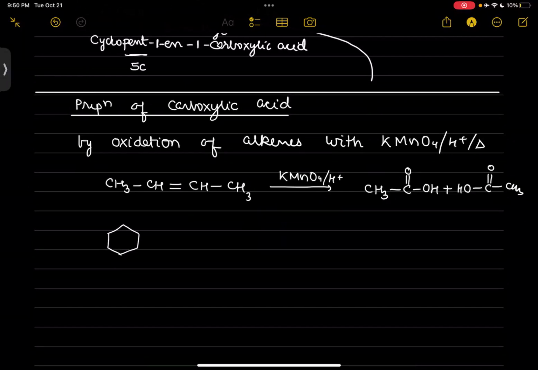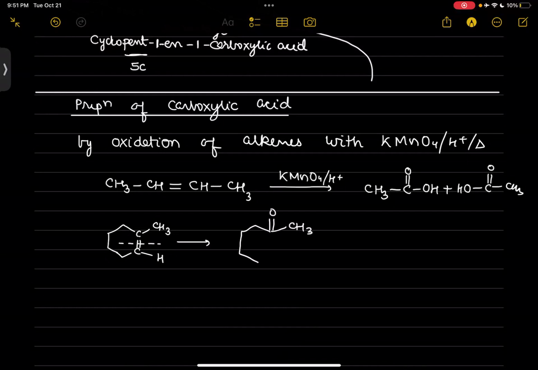But suppose any end of the double bond has two carbon atoms, like this one, and if you oxidize it, the double bond will break, but the upper end will change to ketone because ketones do not get oxidized further easily.